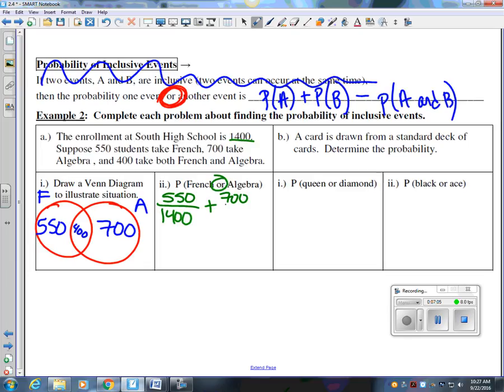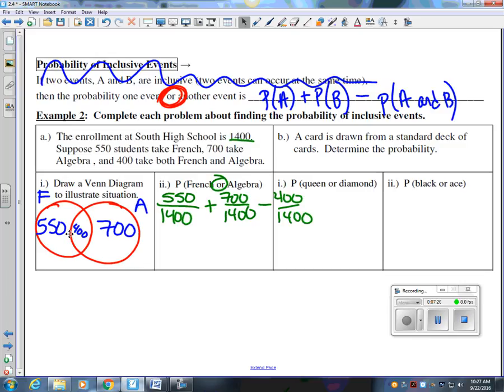700 over 1,400. Now you have to ask yourself, is there anybody who takes algebra and French? Yes. So you have to subtract those people out. So 400 over 1,400. So sometimes there's some people you have to subtract out. Okay?